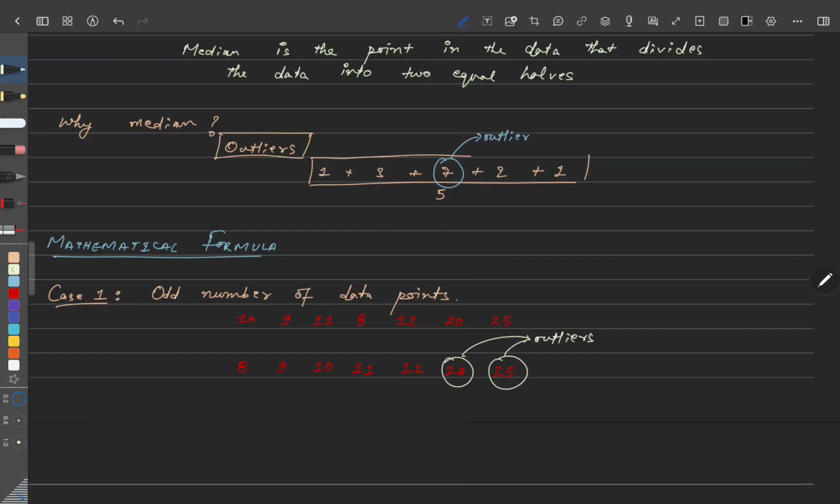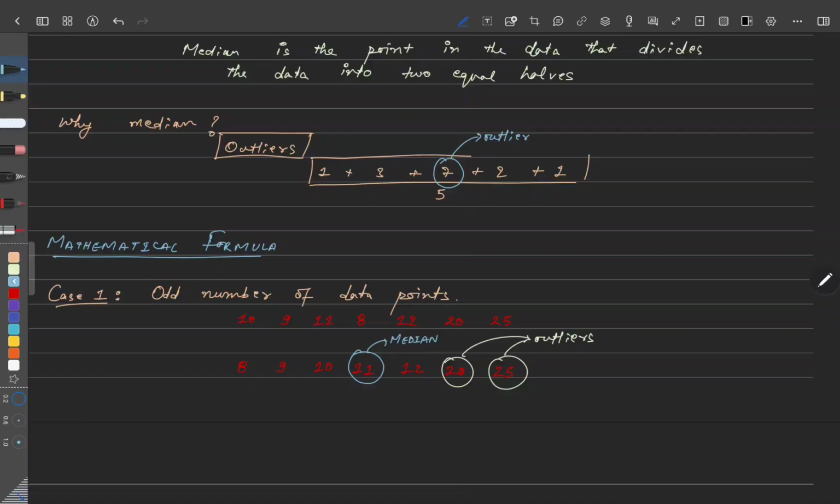Now, which is the middle value? Let's eyeball this. Which is the middle value of these numbers? The middle value is simply this 11. So this is the median. As you can see, we didn't calculate, we didn't sum, or we didn't divide anything, like we did in arithmetic mean.